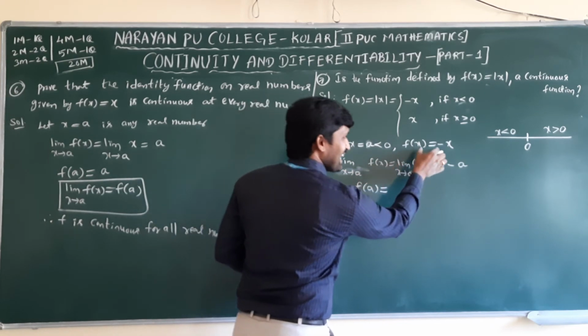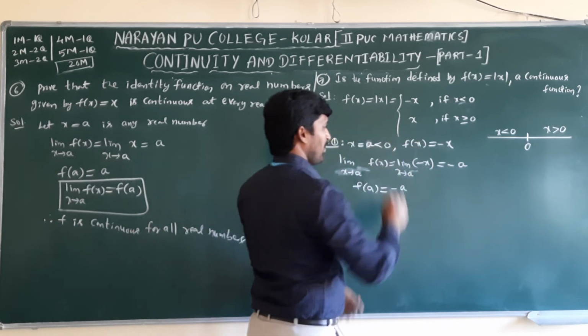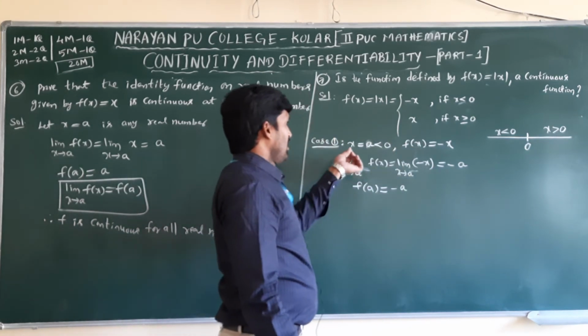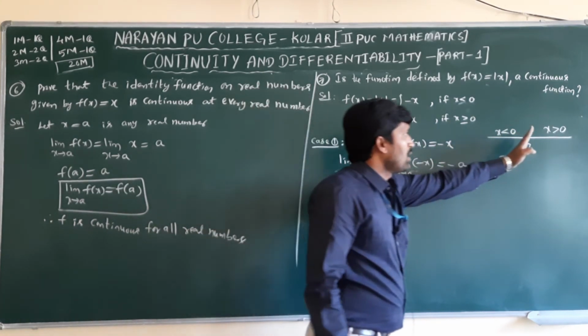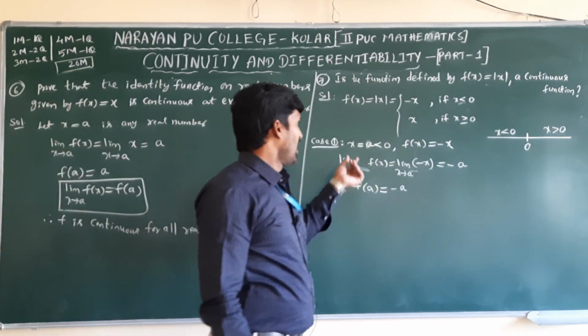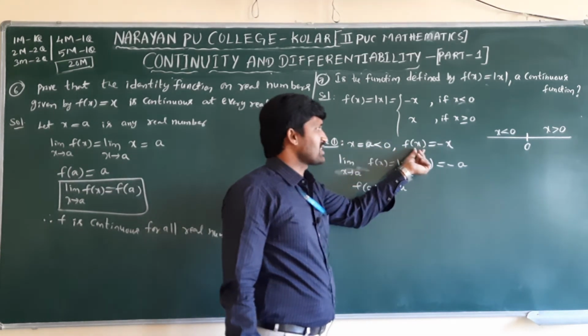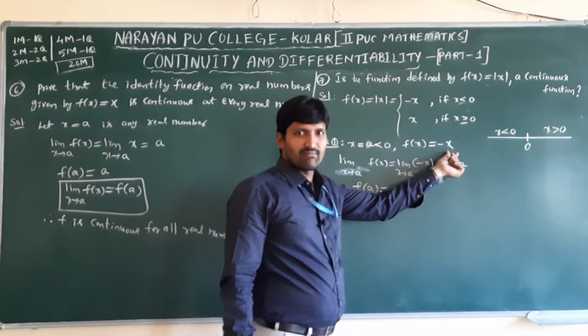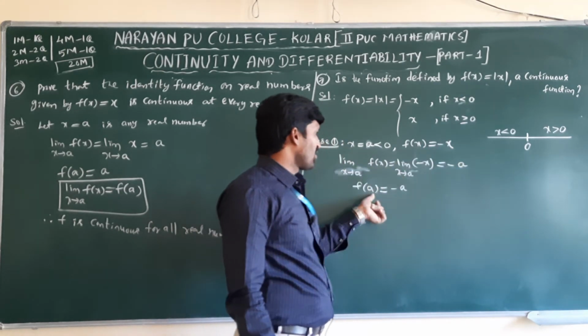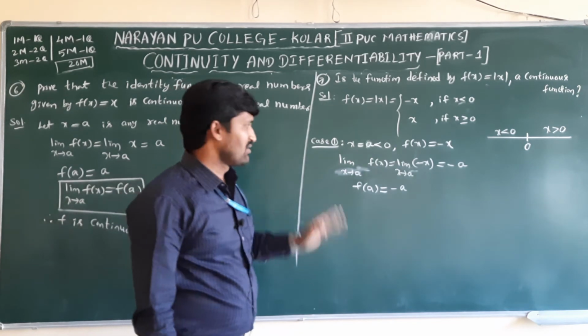f of a also, for this case only, this is the function. This also will come minus a. I will repeat again. I am checking for all values less than 0. Less than 0 we have several values. That's why I am taking one symbol a, that is less than 0. So f of x is only minus x. For this we need to check whether the limit value and function value are equal or not, for the left side values.